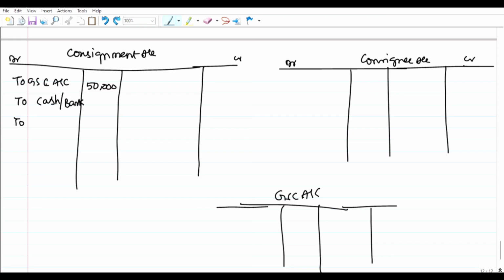Here they have given X and Y, but we may consider this as X and this as Y.